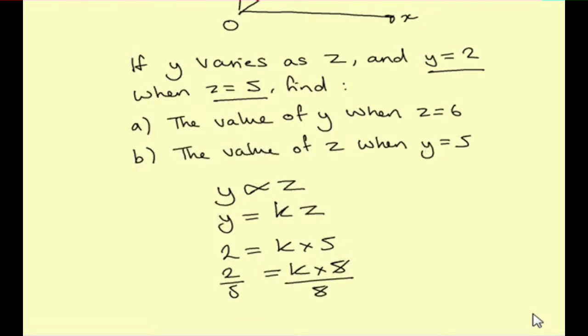So k equals 2/5. Now that we've got the value of k, which is 2/5, we can write out our formula, which is y is equal to 2/5 of z.